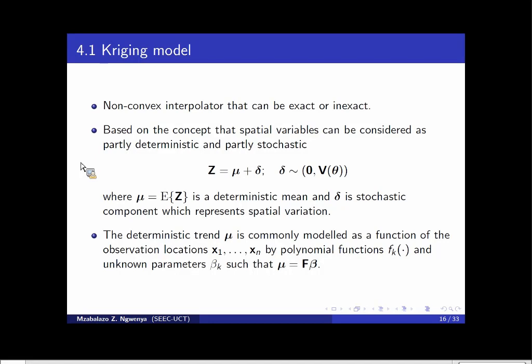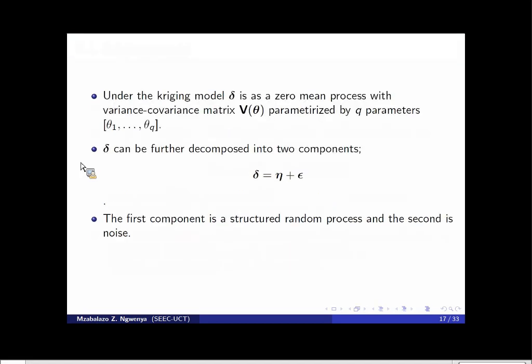So that would be the deterministic or mathematical function part. Then here you have to have some statistical assumptions. So we have said that under the kriging model, our delta there is a zero mean process with a variance covariance matrix with some parameters theta.